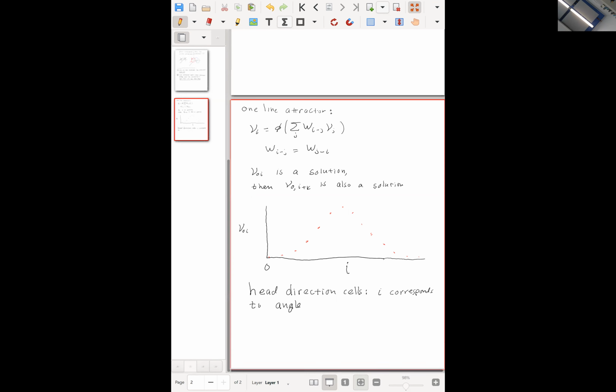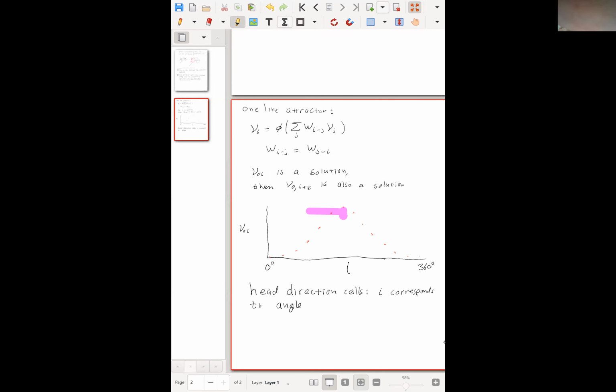So this might be 0 degrees, 360 degrees. And so if your neurons peaked here, that means you're sort of pointing at about 180 degrees. On the other hand, another solution to this line attractor equation is they could be over here. They could be shifted.